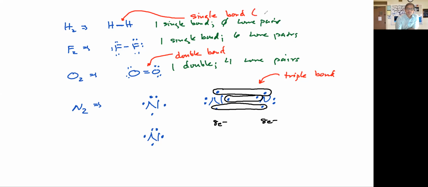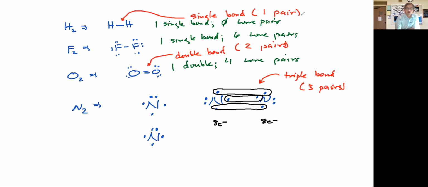If a single bond, you only have 1 pair of electrons being shared between the 2 atoms. In a double bond, you have 2 pairs being shared by the 2 atoms, and I hope you see that a single line just represents a pair of electrons. Therefore, if you have 2 dashed lines, you have 2 pairs of electrons. And in the triple bond, we have 3 pairs of electrons being shared.